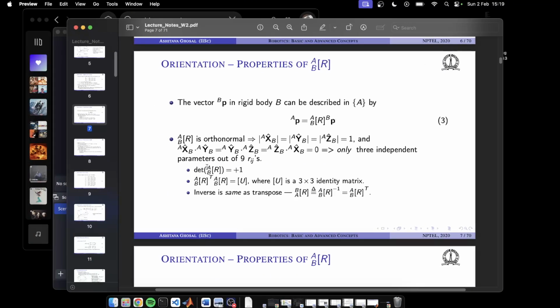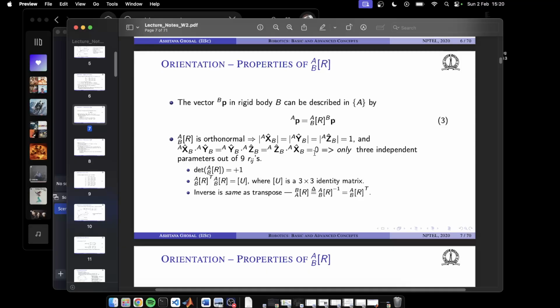It has a few properties that are key and are utilized in all the subsequent derivations that we will do, right? So first thing is that the columns of this matrix are unit vectors, and hence the matrix is orthonormal because these columns are also mutually perpendicular, right? So xb dotted with yb, or yb dotted with zb, or zb dotted with xb, they all give 0, right?